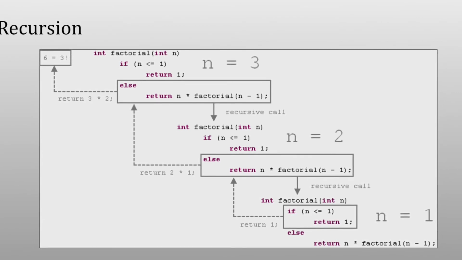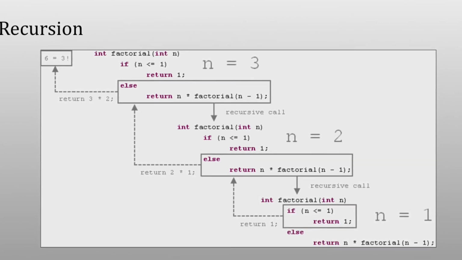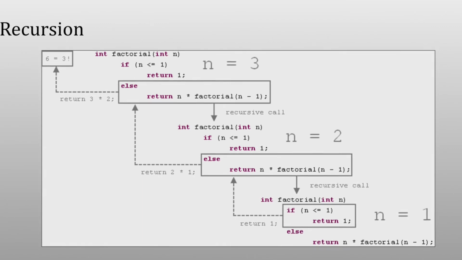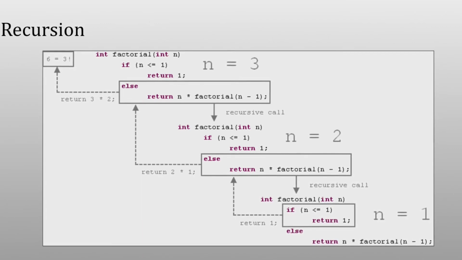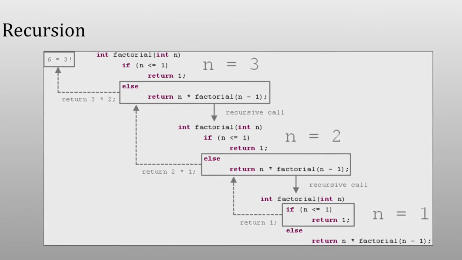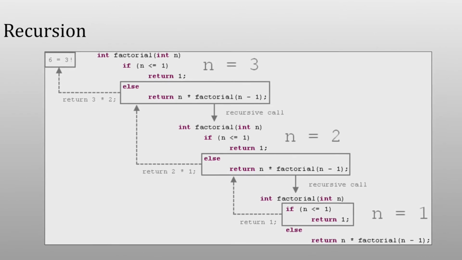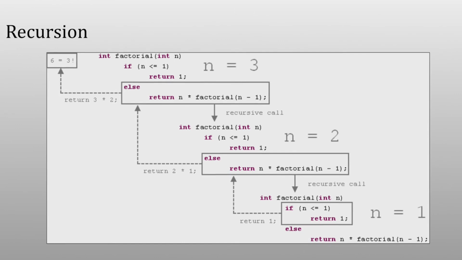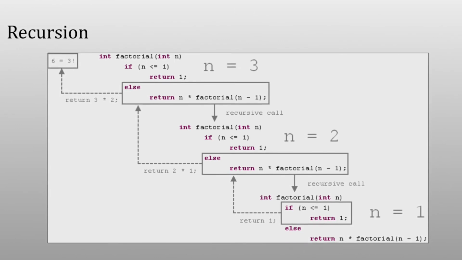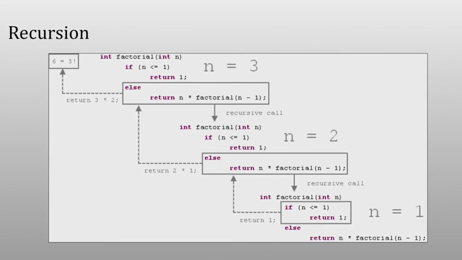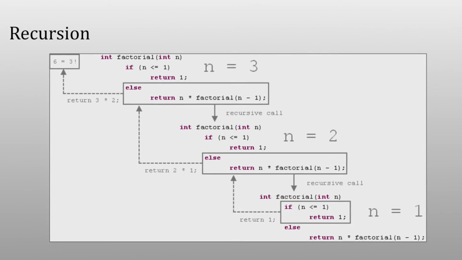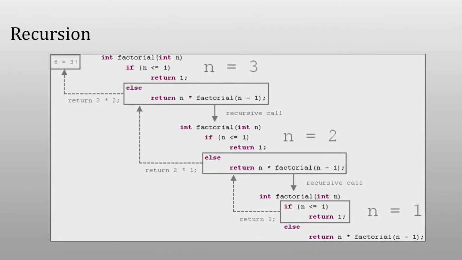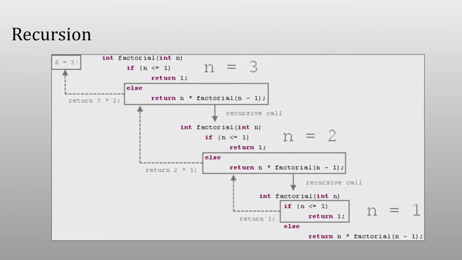A natural way to calculate factorials is to write a recursive function which matches this definition: if n is equal to 0, return 1, else return n times factorial n minus 1. Thus, this calls the function right back to the original function, meaning that it is a recursive function.